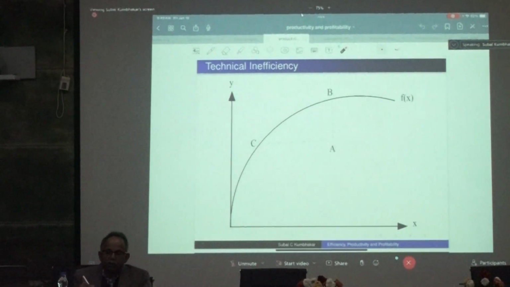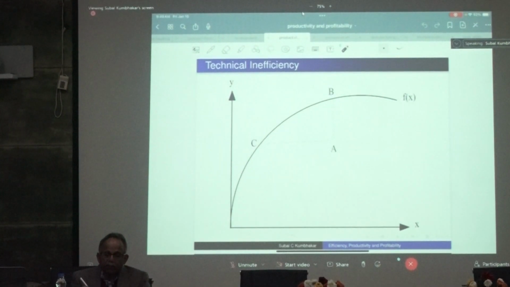So you have a potential which is given by the distance from here all the way to B, but you are actually getting only from here to A. So this AB is what I called output shortfall, and we mentioned that this is a measure of output-oriented inefficiency.